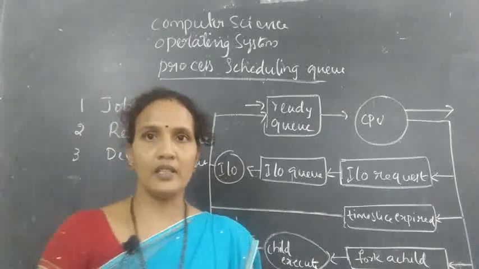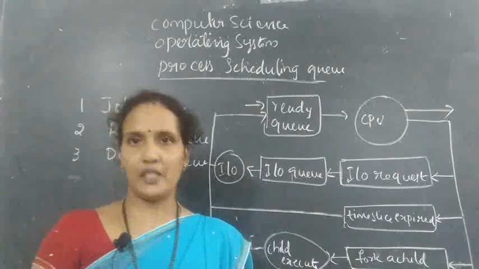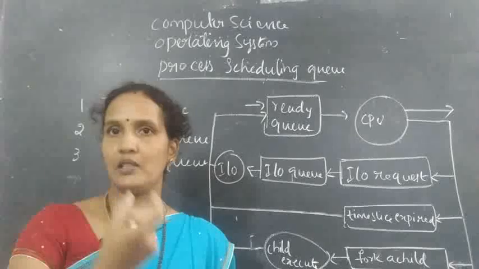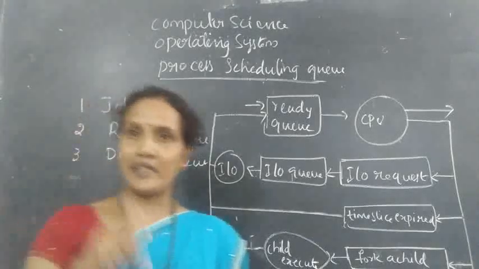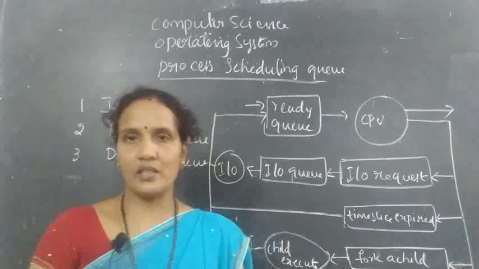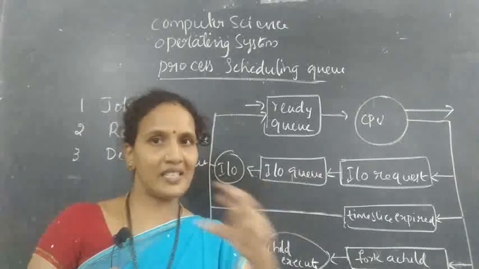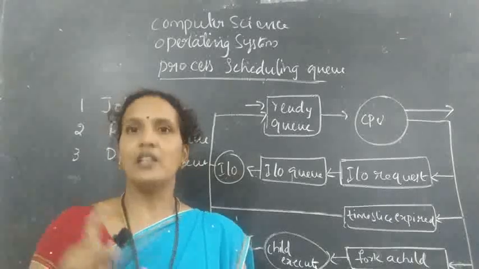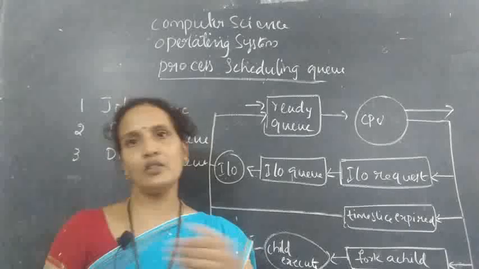I'll explain once again. The operating system will maintain different queues for the process as well as the PCB. The PCB will store the state of the process. When the process changes from one state to another state, it should be unlinked from the current state and linked to the new state.